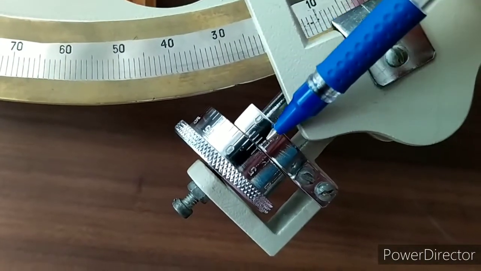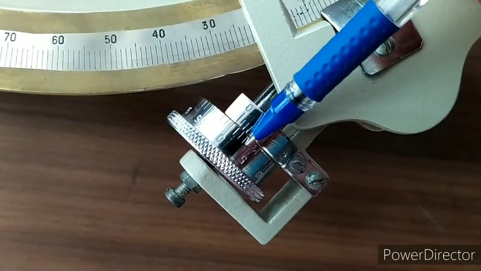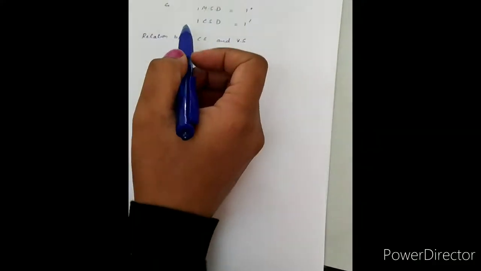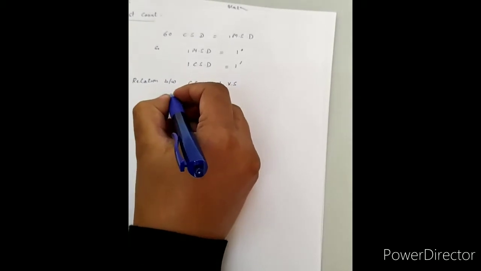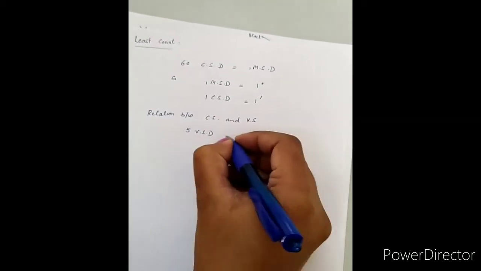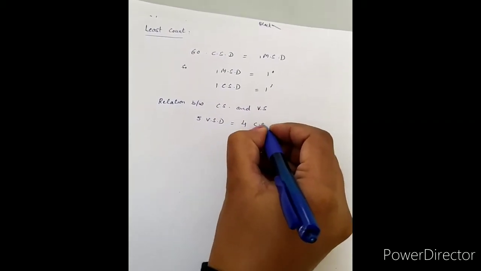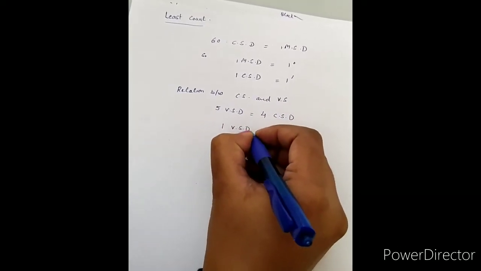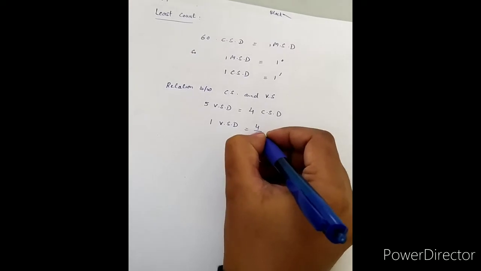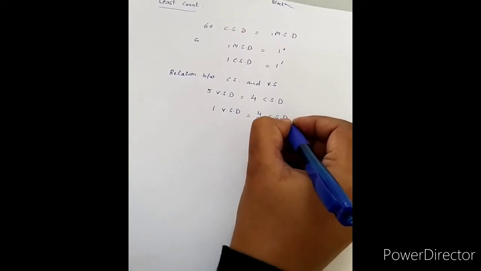So 5 vernier scale divisions are equal to 4 circular scale divisions, and 1 vernier scale division is equal to 4 by 5 circular scale division.